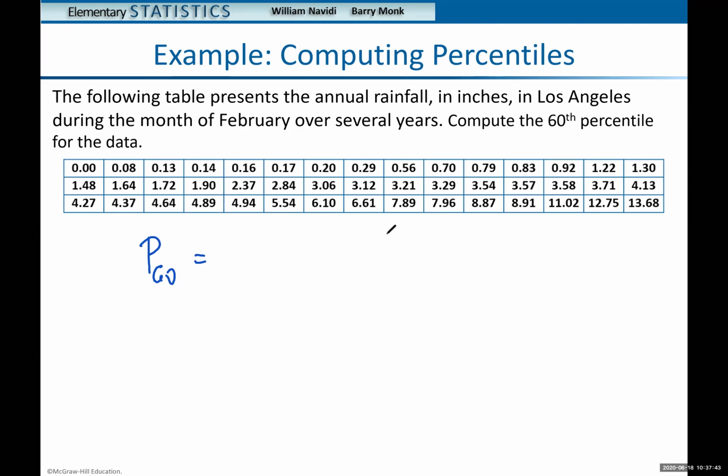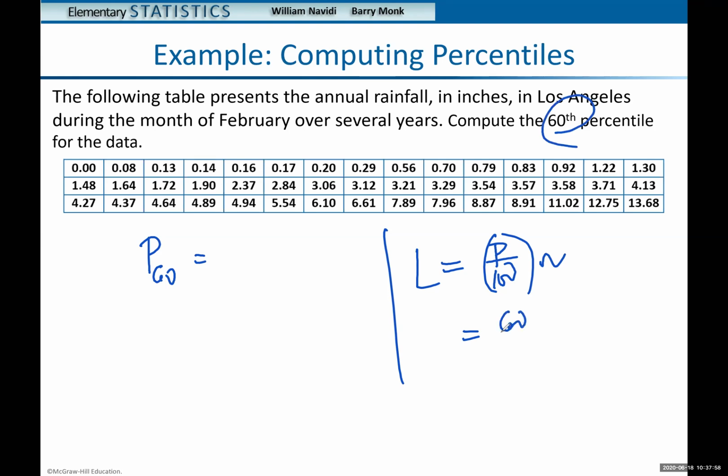First, solve for L is equal to, again, P over 100 times N. Your P is 60, so 60 over 100 times what is the total N here? 15 times 3 is 45. So what is 60 over 100 times 45? 27. And it is a whole number.